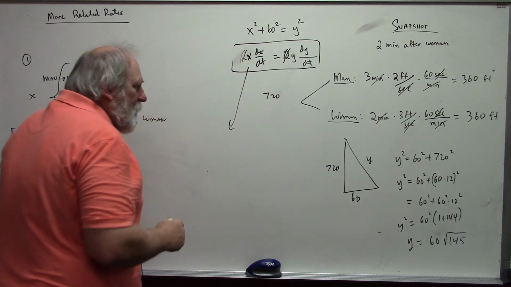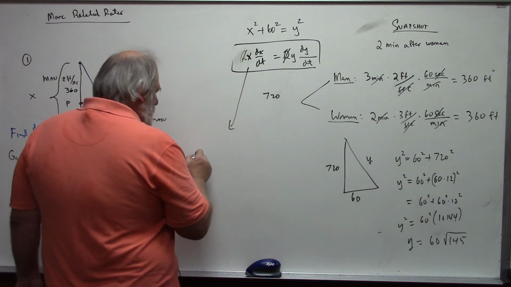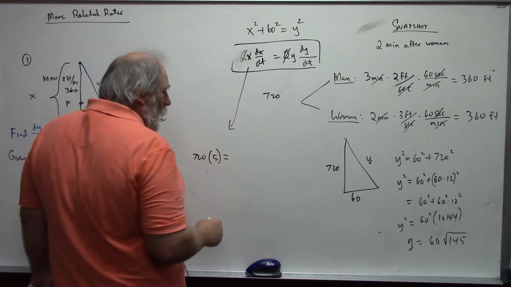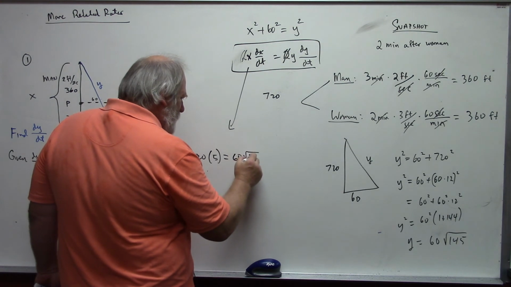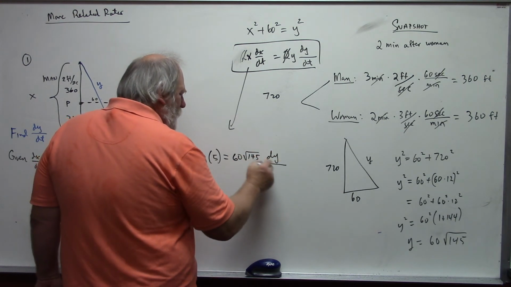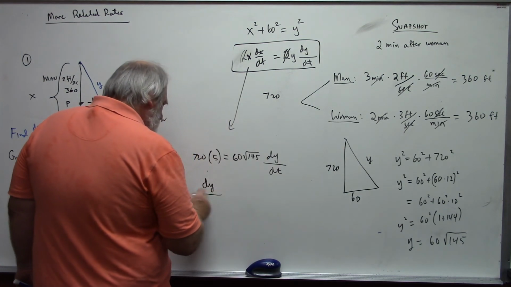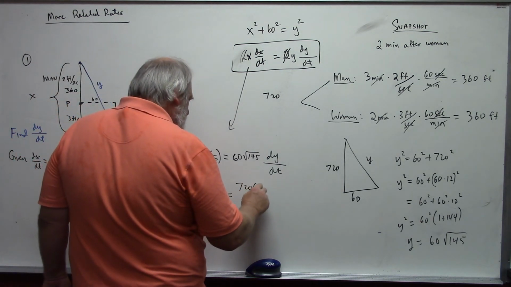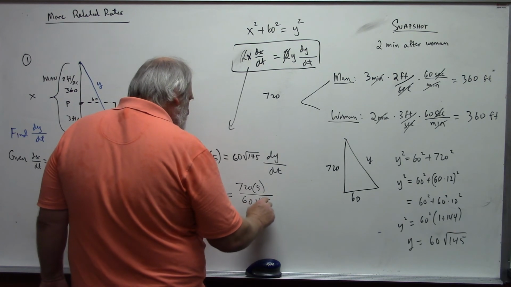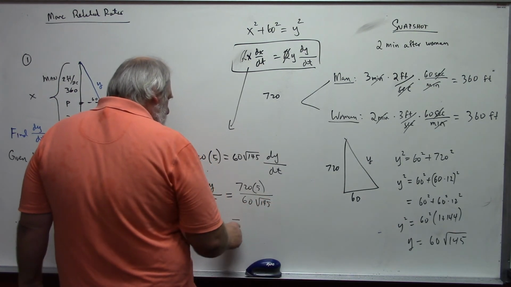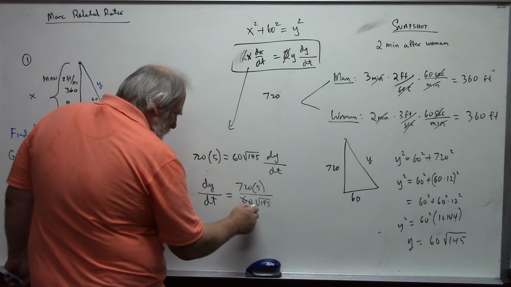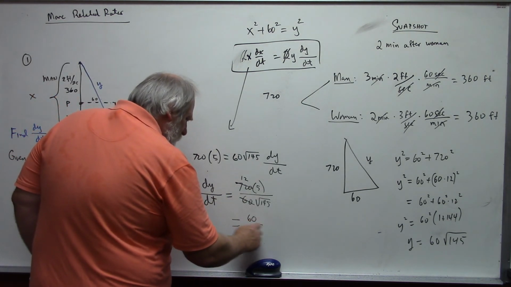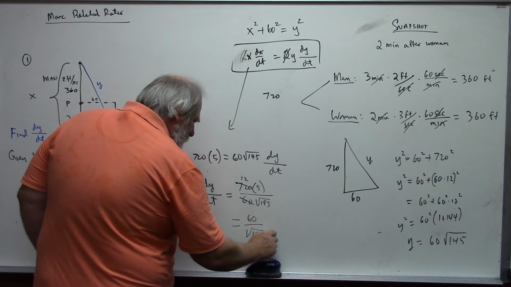I get x, we said, was 720. dx/dt, we said, was 5. y, I came up with 60 square root of 145. dy/dt is what I'm looking for, which means dy/dt is equal to 720 times 5 over 60 square root of 145, or reducing this, 60 over the square root of 145 feet per second.